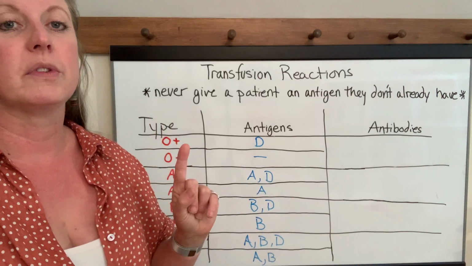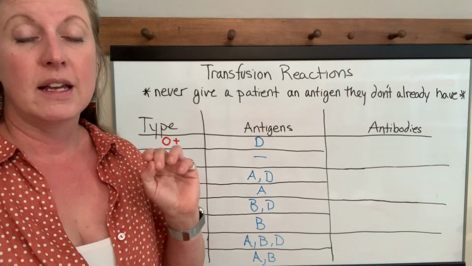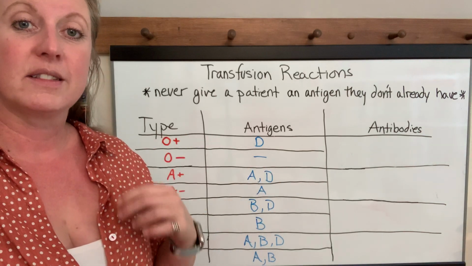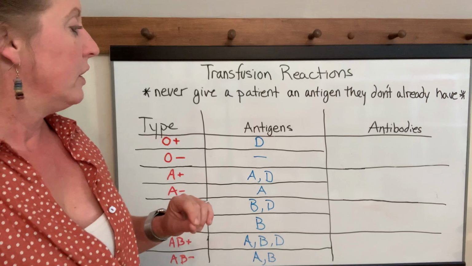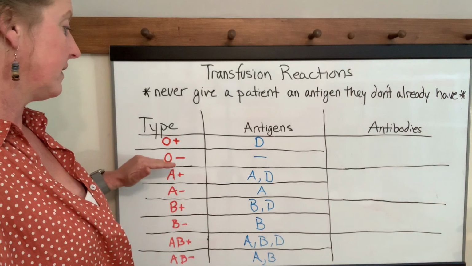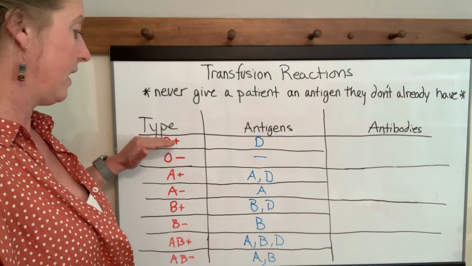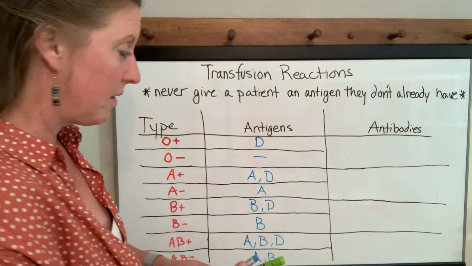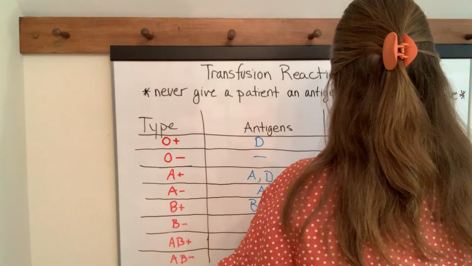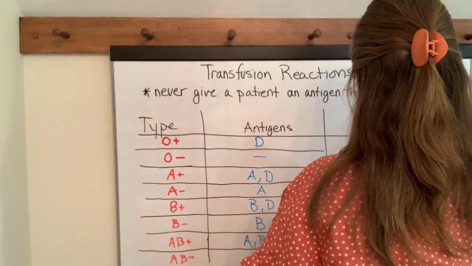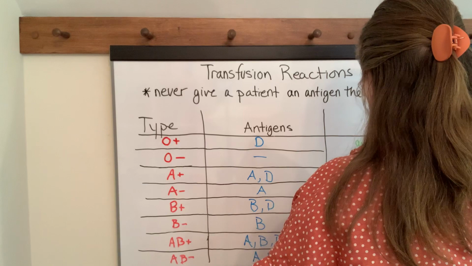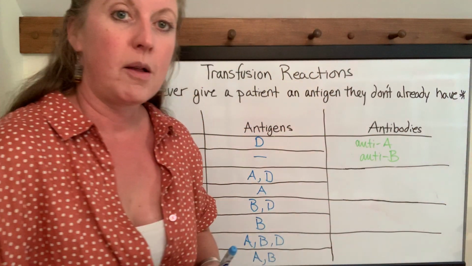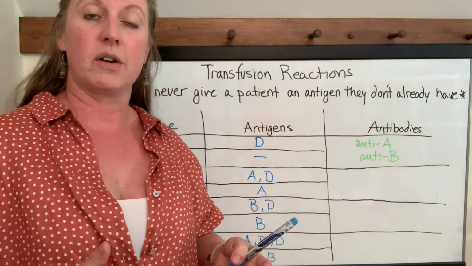But remember, the immune system is not going to let us make cells that make antibodies to things that are self-antigens. So if someone has no A or B antigens, they will make both anti-A and anti-B antibodies, because this is what our immune system does.